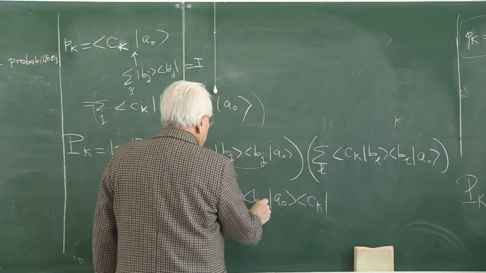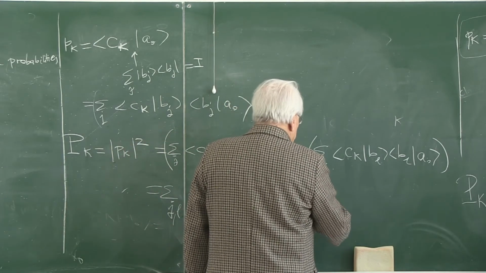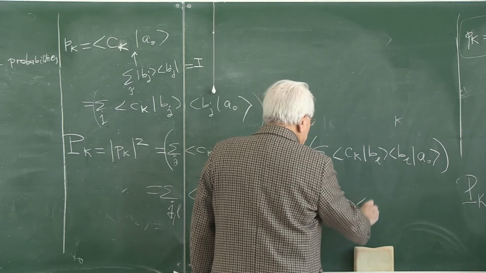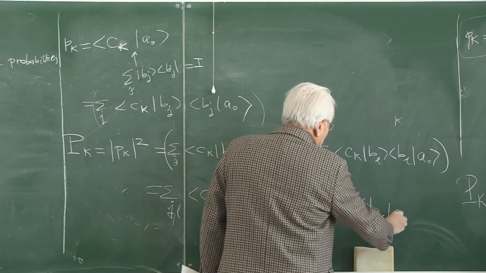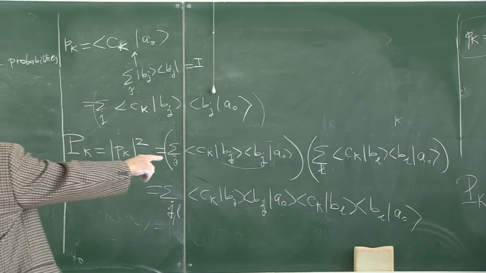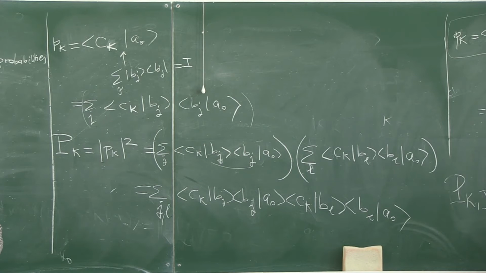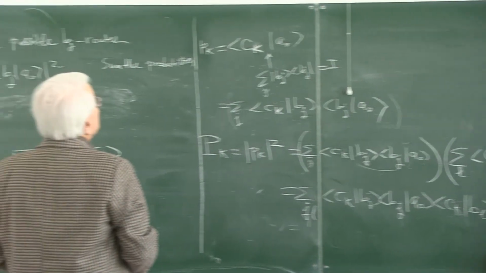Sorry, write it here. Next. Instead of rearranging, I am writing as it is. I am sorry that I have to repeat this twice. Now you have to compare this expression against that one.